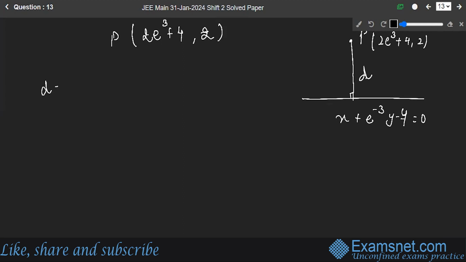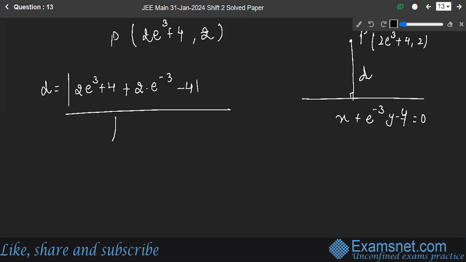So you will have D as 2e power 3 plus 4 plus 2 into e power minus 3 minus 4, whole divided by root of 1 plus e raised to power minus 3 square.